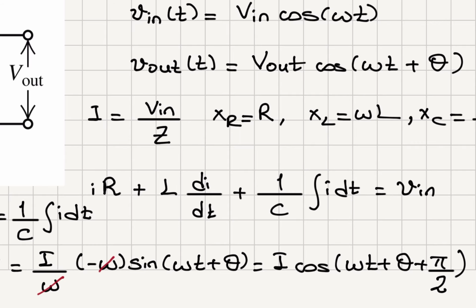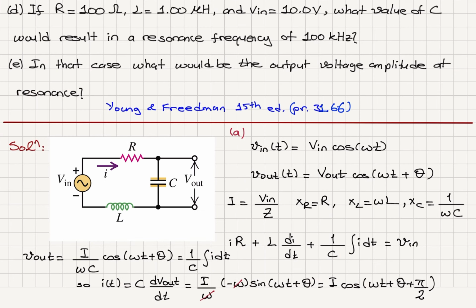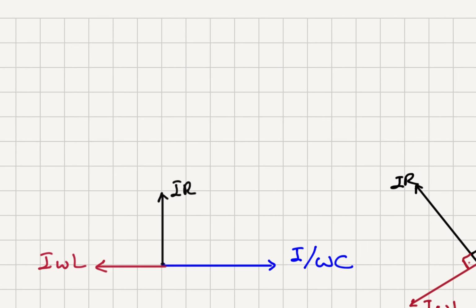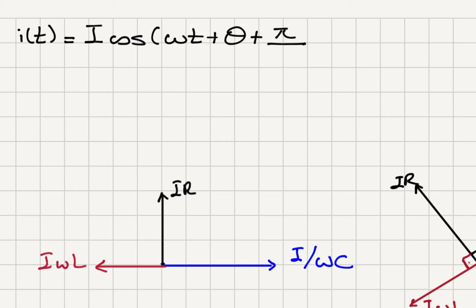So that works. Okay, so we reached the final expression for the current. I of t is equal to the amplitude I cosine omega t plus theta plus pi over 2.